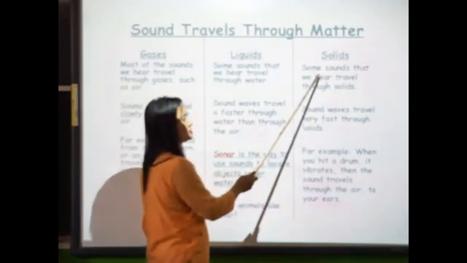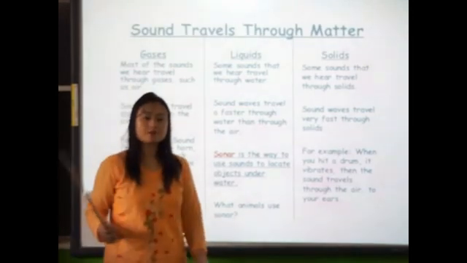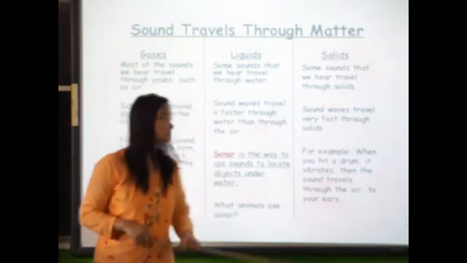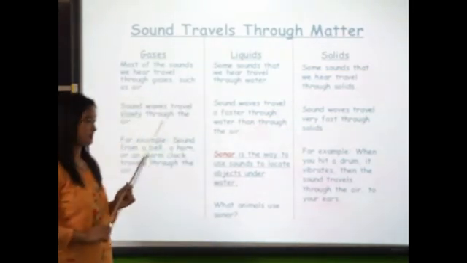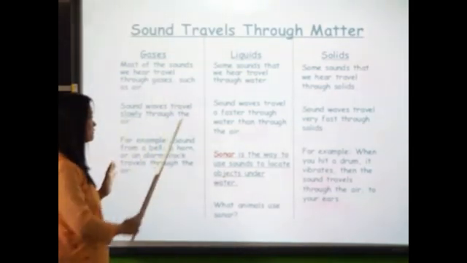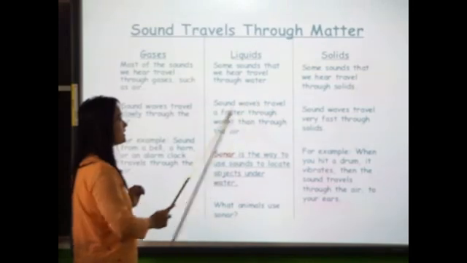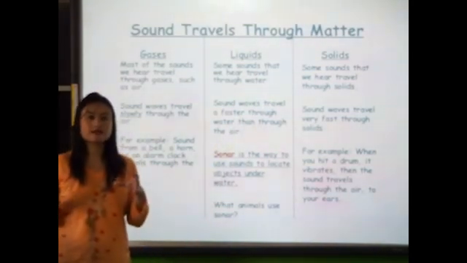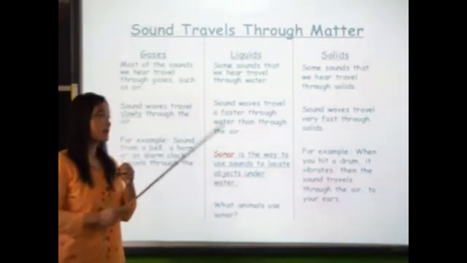Some sounds that we hear travel through solids. I'll give you an example: people placing their ear on the railway track. Sound waves travel slowly through the air. Sound waves travel faster through water than air because the particles of water, that is liquid, are closer compared to gases.